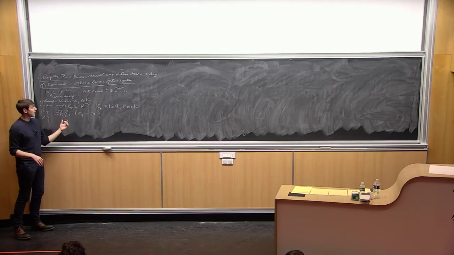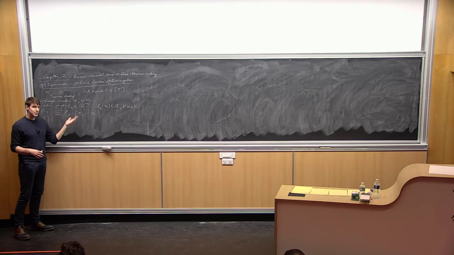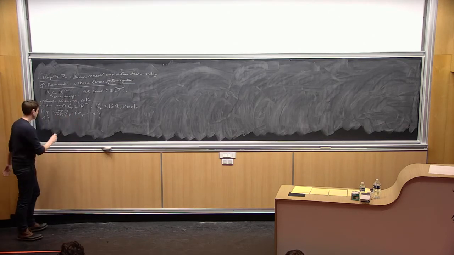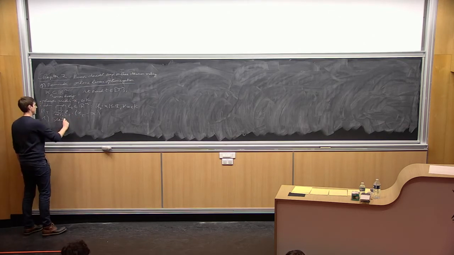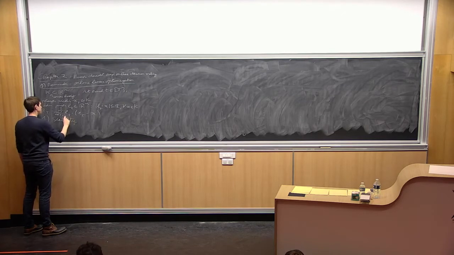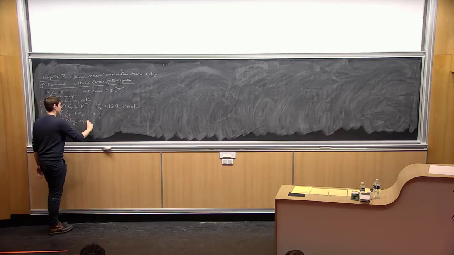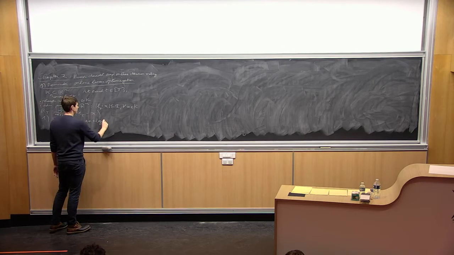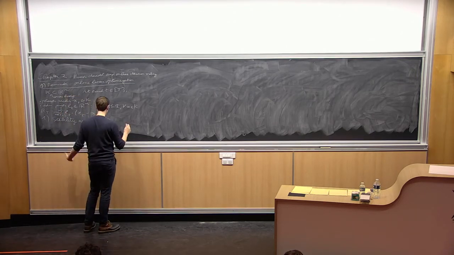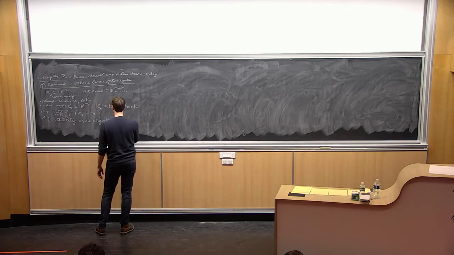So now I want to use this stability as an algorithmic guiding principle. Stability as an algorithm design principle. The point of the lecture now is to come up with algorithms in a principled way.